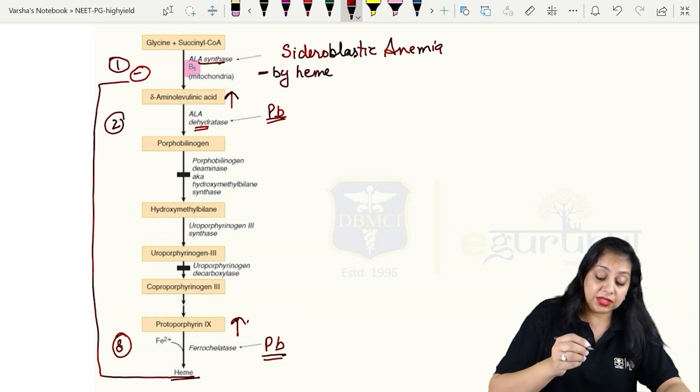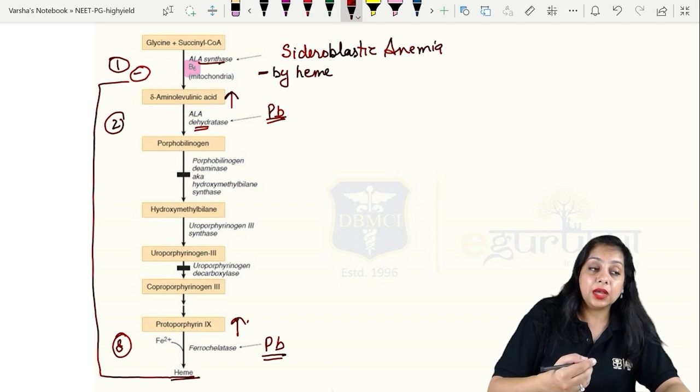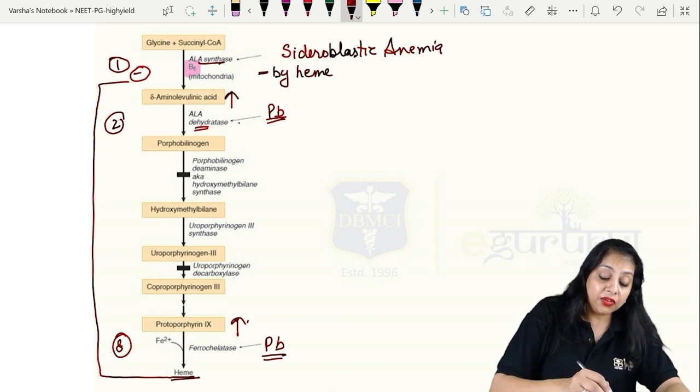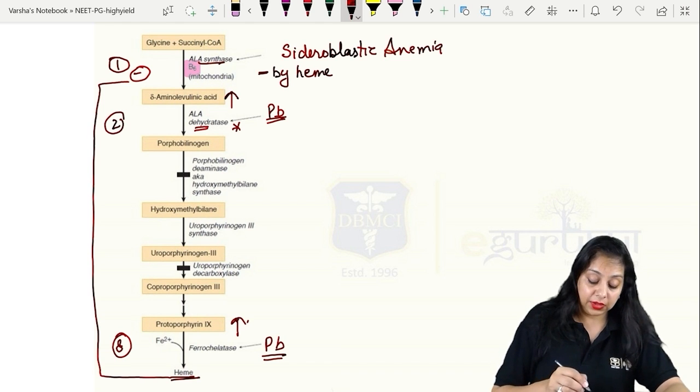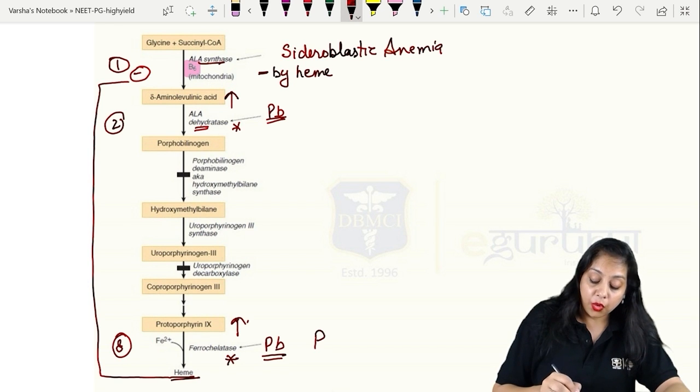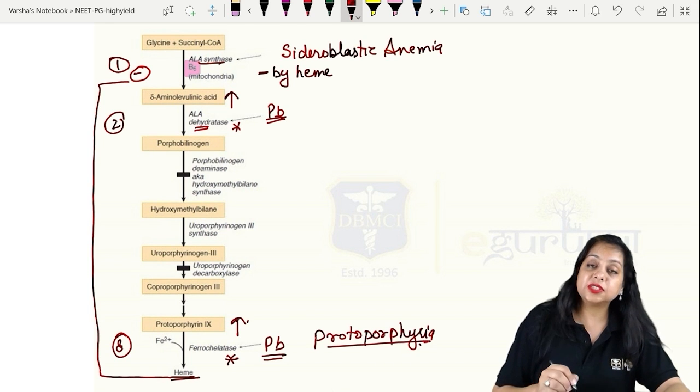Also in case of enzymes, this is exposure to lead, but what if these enzymes are defective? If ferrochelatase is defective, that gives rise to a porphyria known as protoporphyria, based upon the name of the substrate.